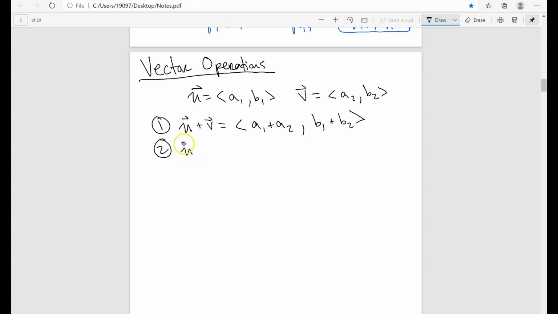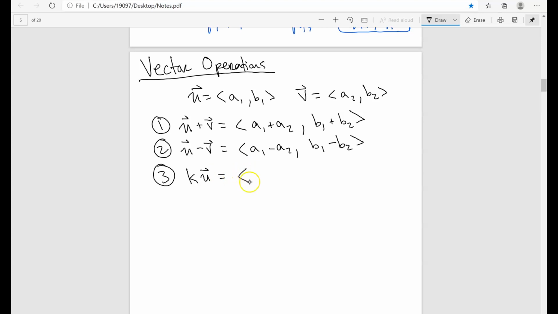Same thing with vector subtraction. It'll just be a1 minus a2, b1 minus b2. And then you also have scalar multiplication. Let's say you wanted to take k and multiply it by a vector u.